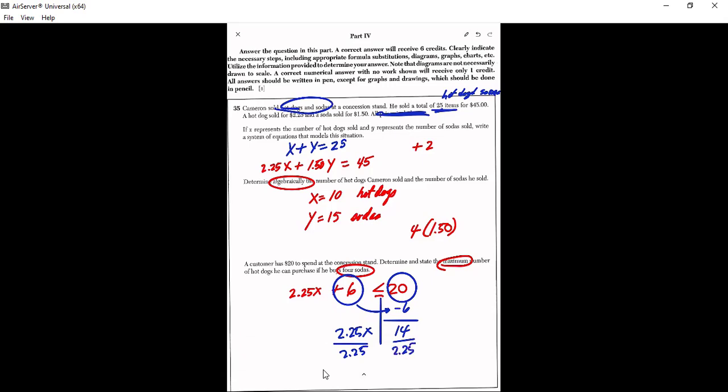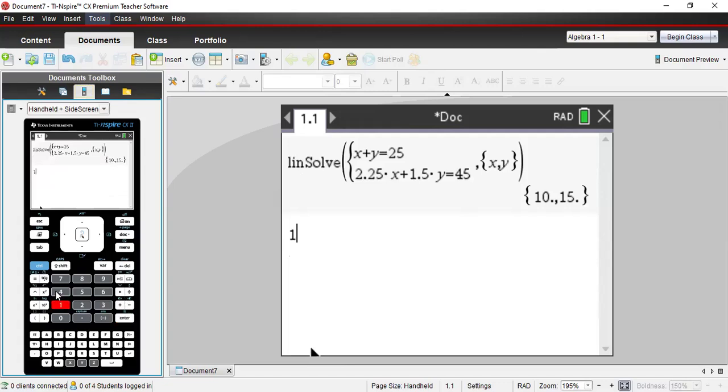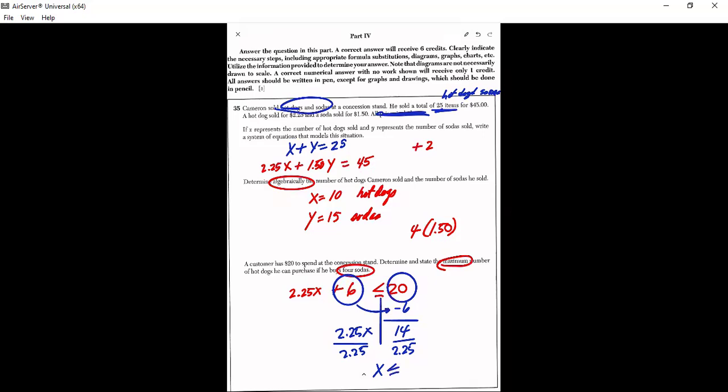And let's see how much we could afford there. So 14 divided by $2.25 per hot dog, we could get, so X has to be less than or equal to 6.2, right?